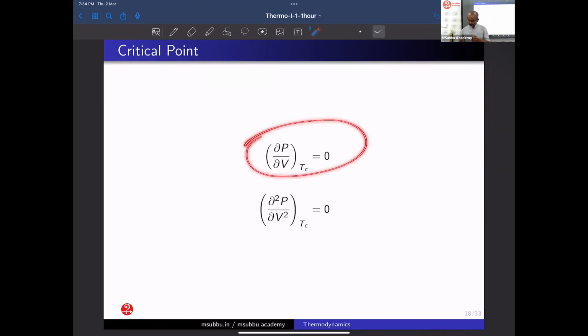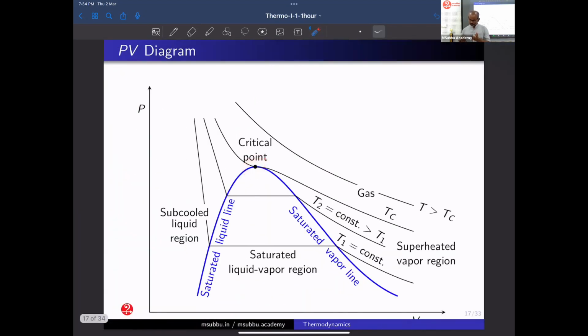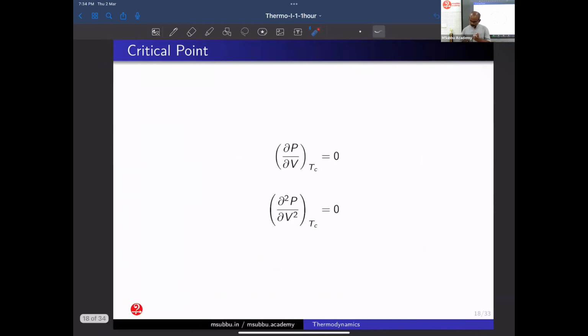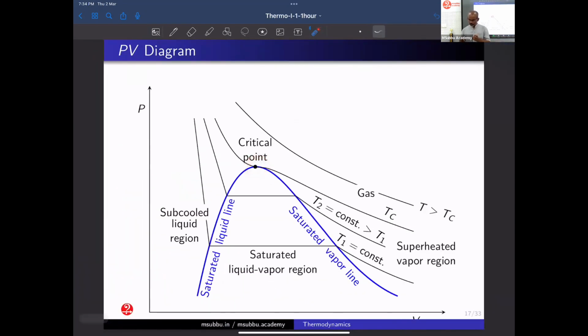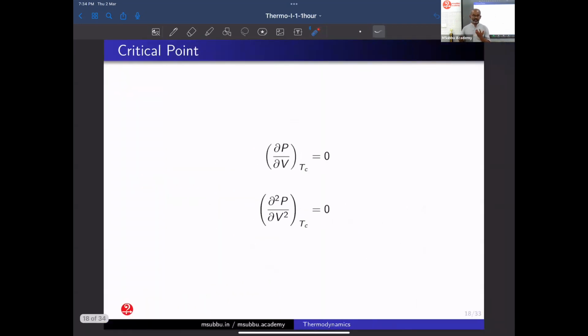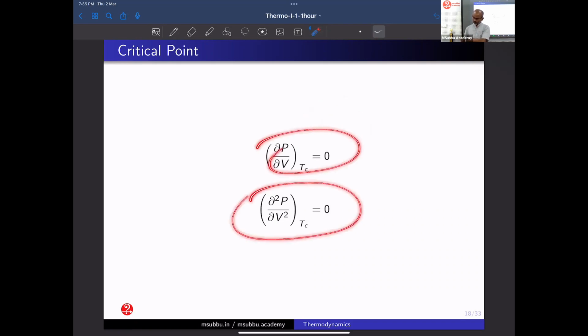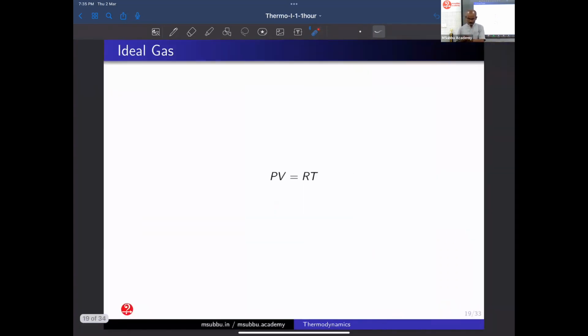So using that condition at the critical point, we evaluate parameters like the van der Waals parameters, A and B, and like that for Redlich-Kwong. Whatever the parameters of the cubic equation models, we normally evaluate using these conditions at the critical point.